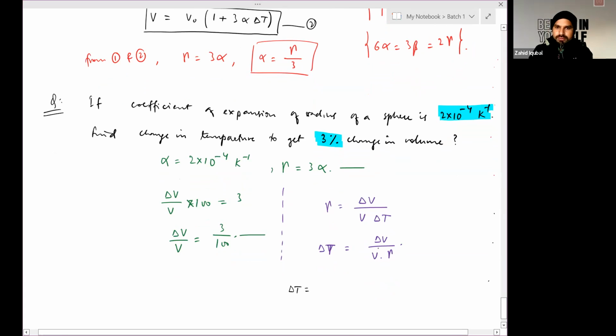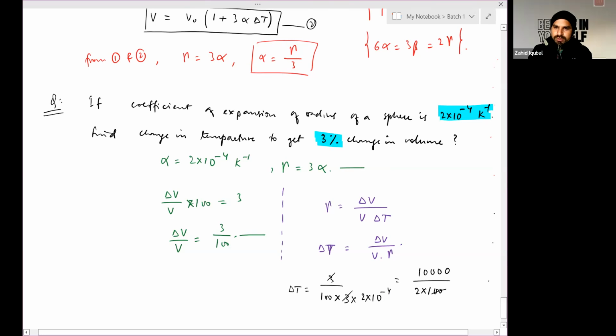Delta T equals delta V by V, so we have 3 divided by 100. Gamma is 3 times alpha, so it will be 3. Alpha is 2 into 10 to the power minus 4. So this part and this part will cancel out. 10 to the power 4 on moving to the numerator becomes 40 divided by 2 into 100.